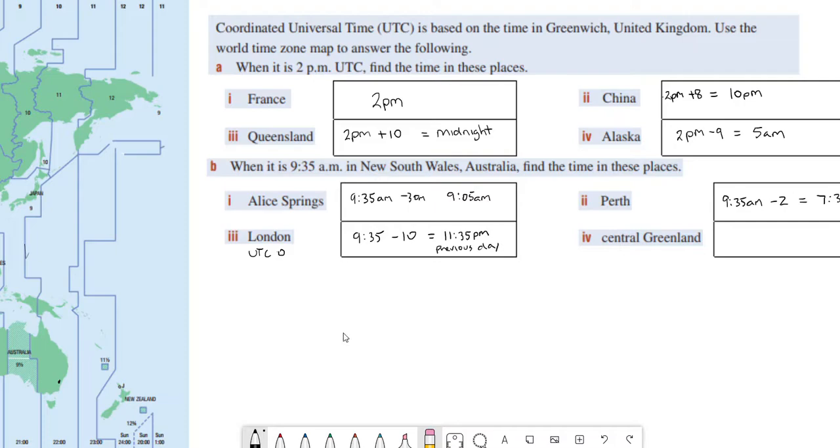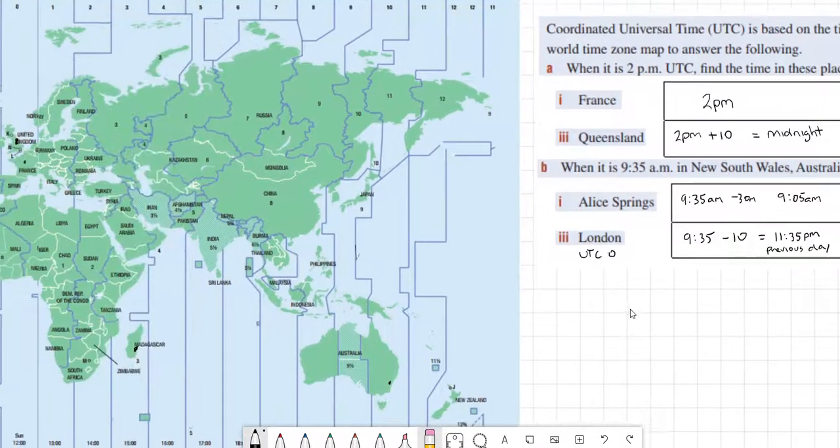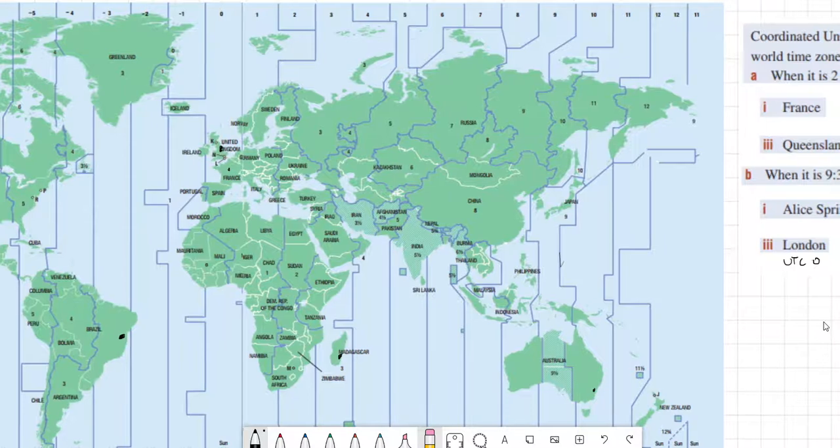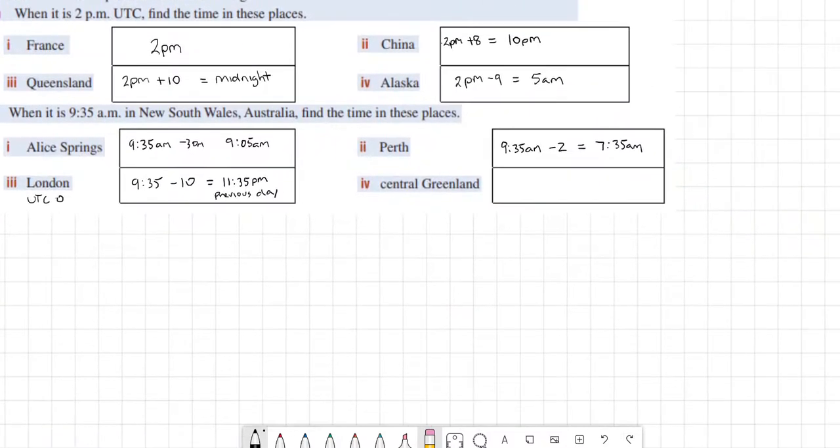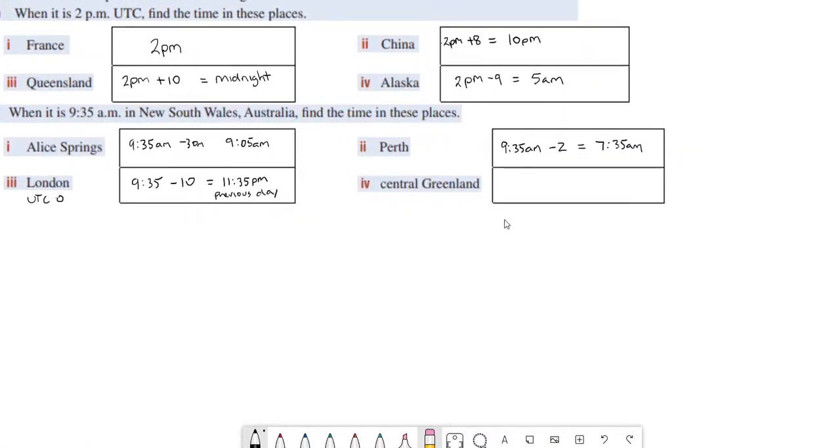And then finally, central Greenland. Where's Greenland? Goodness me. Oh, there we are. Greenland is there. So Greenland is UTC minus 3 and New South Wales is UTC plus 10. So let's look at this. UTC minus 3, UTC plus 10. So the time difference between minus 3 and plus 10 is 13 hours.